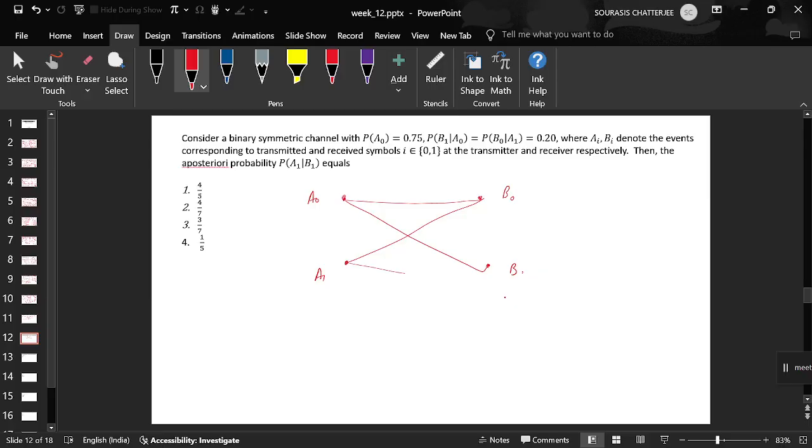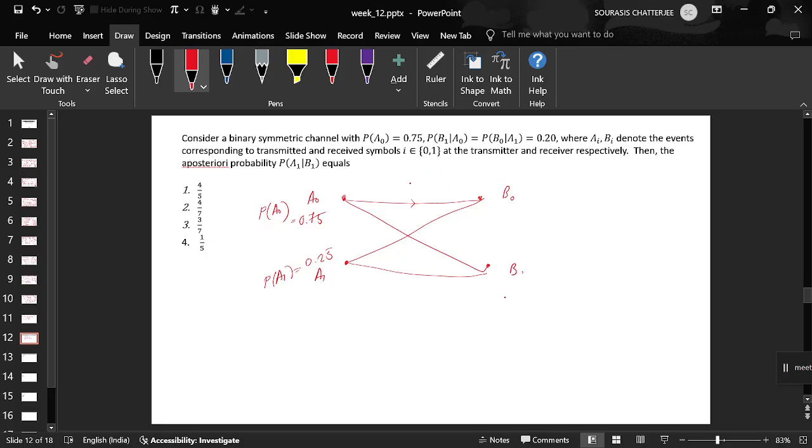So with a1, what is the probability of b1 being received? On the transmitter side, as we probably already know, but just as a refresher for you, this is the prior probability of a naught being transmitted, that is 0.75, and this is the prior probability of a1, that is 1 minus 0.75, that is 0.25. So you can see intuitively a naught is 3 times more likely to be transmitted than a1, but this is all about the prior. Then we come to the likelihood. What is the probability that b naught will be received given a naught is transmitted?